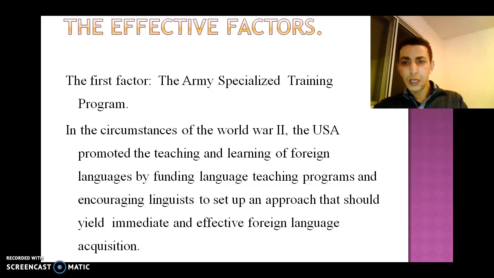So that's why they promoted the teaching and the learning of languages at the time. It's between 1940 and the 1950s, so yeah, in the period of the Second World War.